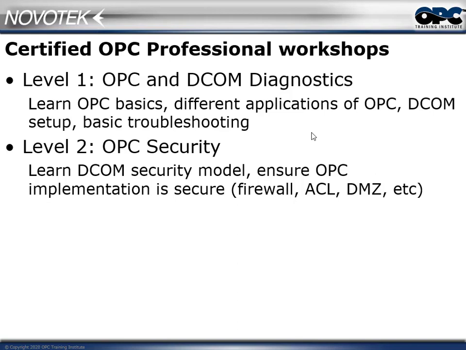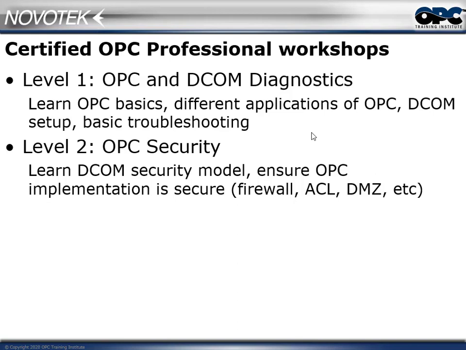So security is very important to some people, completely unimportant to others. So in the level 2, we're talking about the security model for OPC. Now, if you are interested in security, level 2 is really for you. It's really showing you how to get communication working across firewalls, different user accounts for authentication.